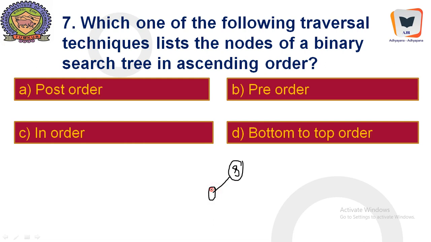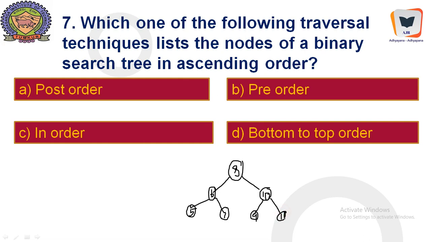So there should be 6, and it should be lesser than this. Let it be 5, and it should be greater than this. Let it be 7. And as far as this portion of the tree is concerned, it should be more than that. It should be 10, and it should be less than that. It should be 9. It should be greater than 10. Therefore, let it be 11.